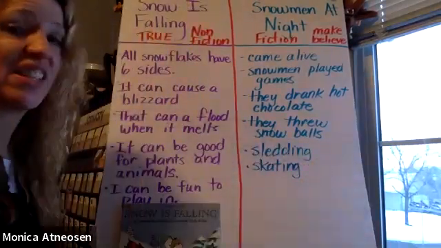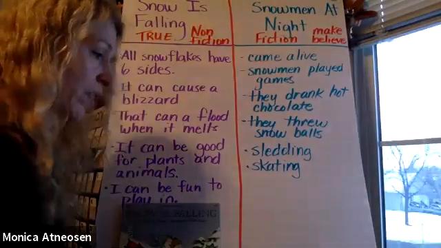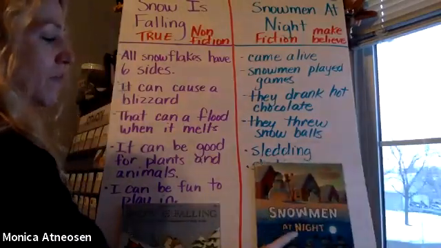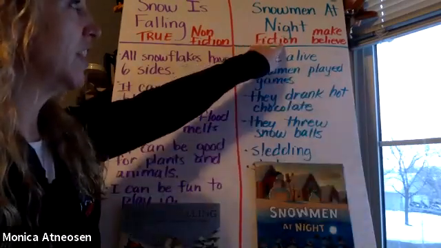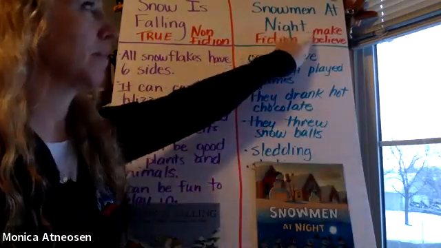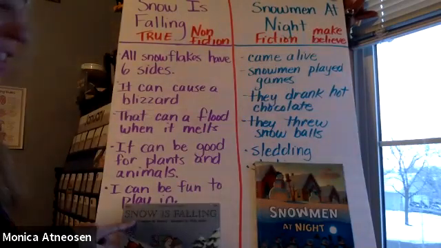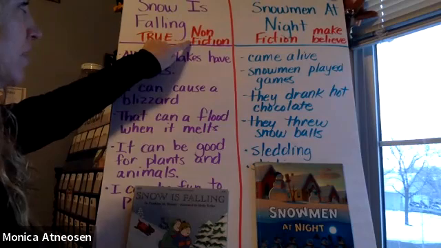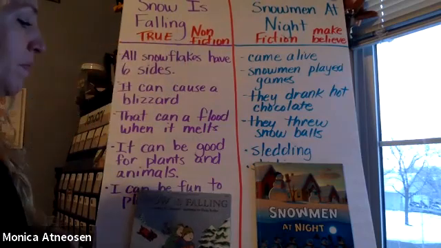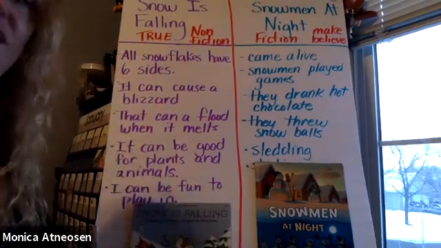That's a lot of things that snowmen can't really do. So that lets us know that Snowmen at Night is fiction. Fiction is make-believe. And Snow is Falling is nonfiction. It's true. All right, friends, you have some jobs to take care of today in Seesaw.